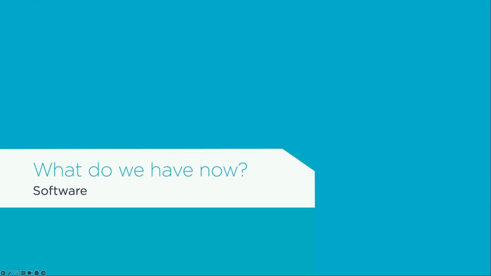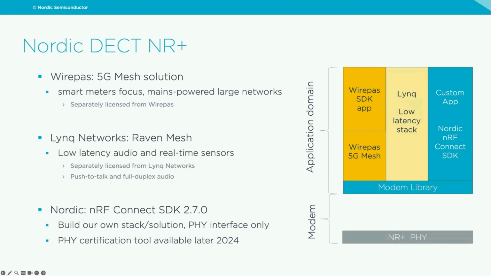And then a few slides of what we have now. We have at the moment only the PHY level implementation of the software, which is the lowest level of radio communication. We do have partners providing full stack applications.